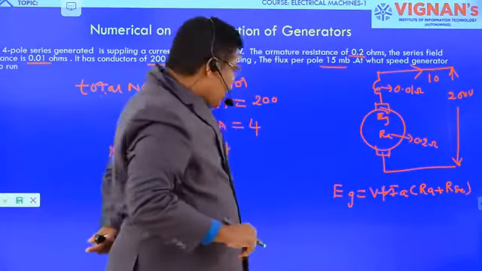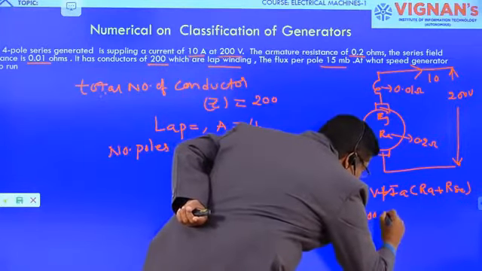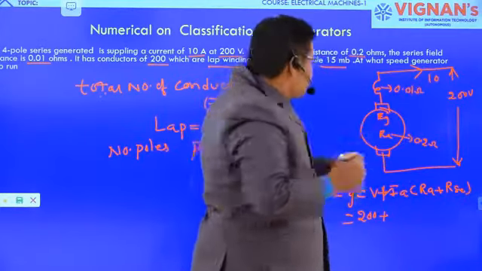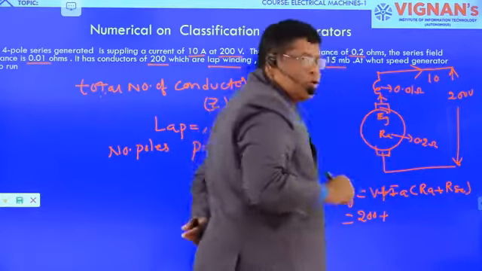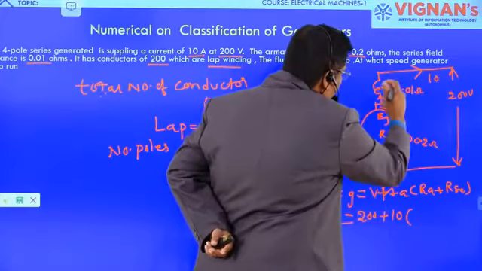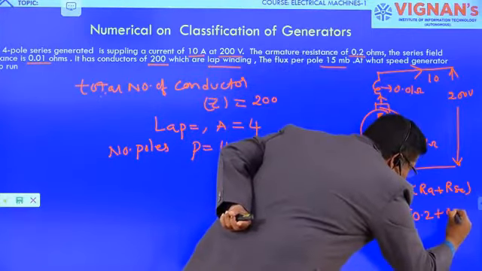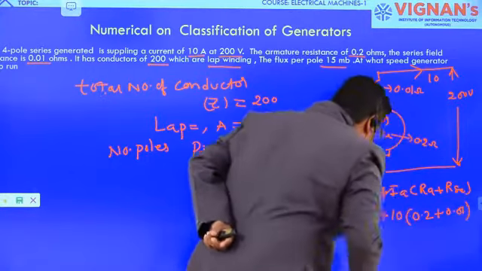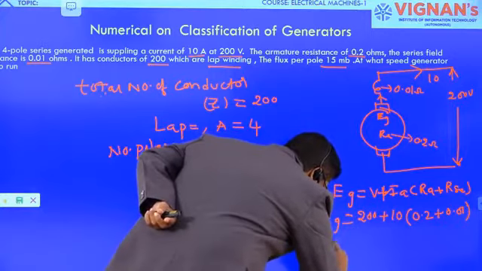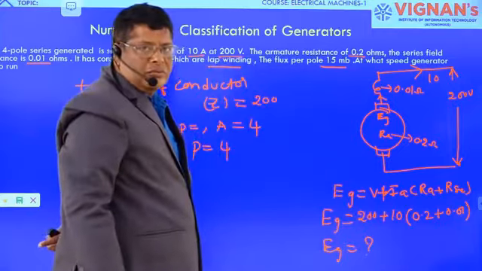V is given as 200, and IA is the load current flowing, the same current flowing here also, so IA equals 10 amperes, into (0.2 plus 0.01). If you work this out, you get some value.